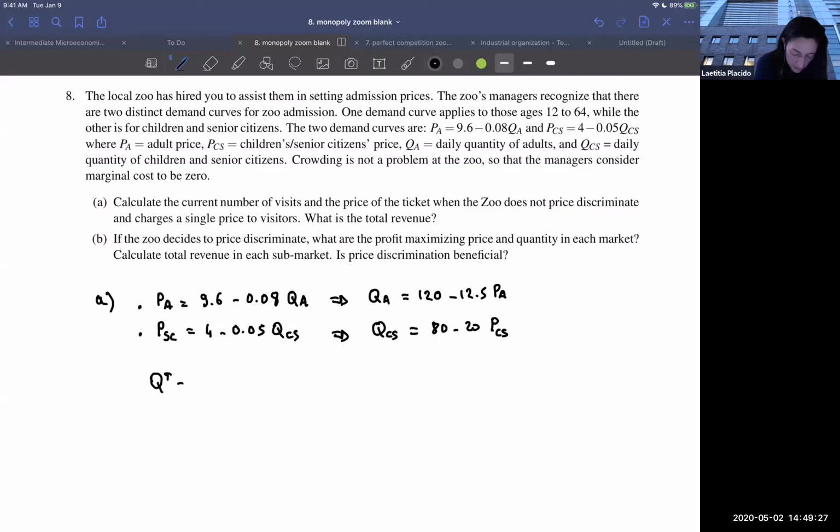QT is going to be the sum of the quantity demanded by adults and the quantity demanded by children and seniors. And this gives 200 minus 32.5 P.